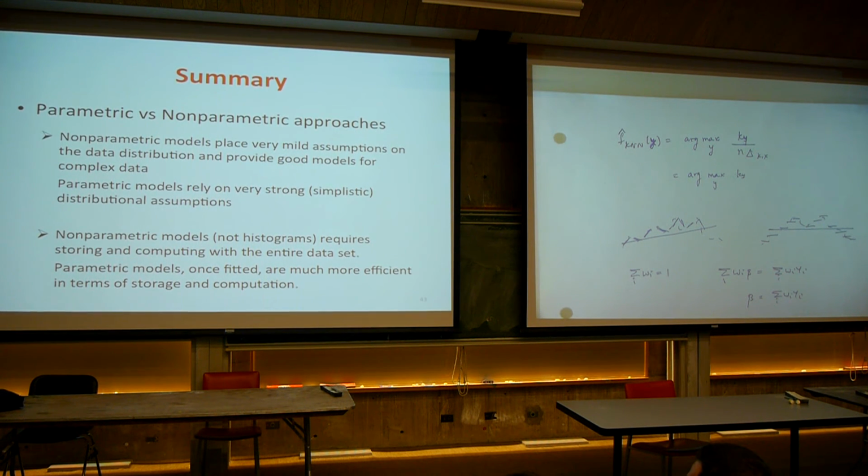So you often have to load your actual data sets into memory to be able to do that. And even though I said not histograms, there you still have to load up whatever is the estimate in each bin, but really your number of bins is increasing with the number of data points. So it's still pretty expensive. These tend to be much more expensive or data intensive than the parametric methods. And parametric models, of course, once fitted, are much more efficient because you can only store the parameters and just use those for computation.